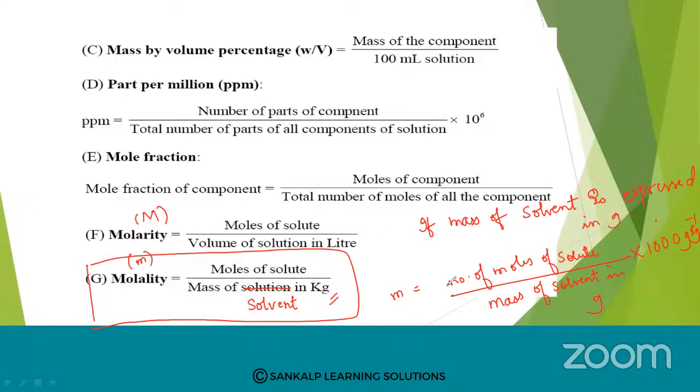If it is given in grams, you have to multiply it by 1000.